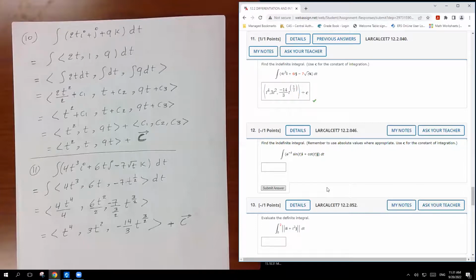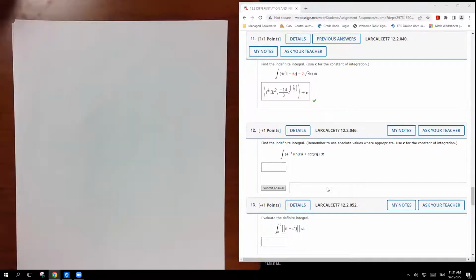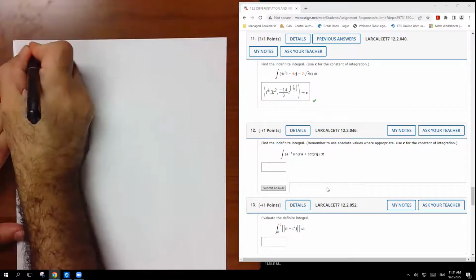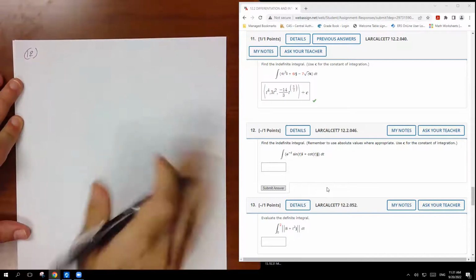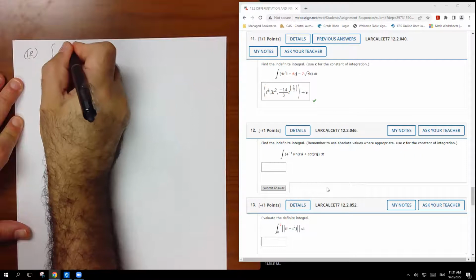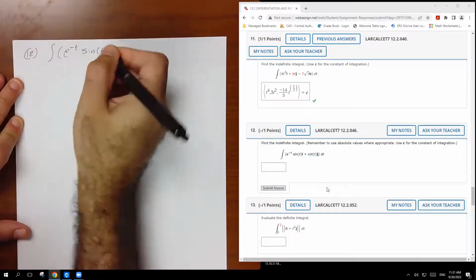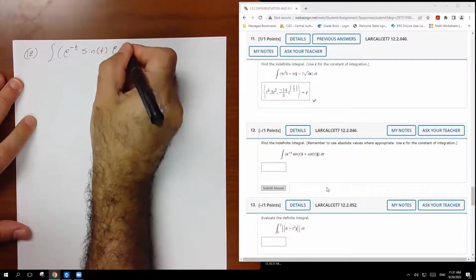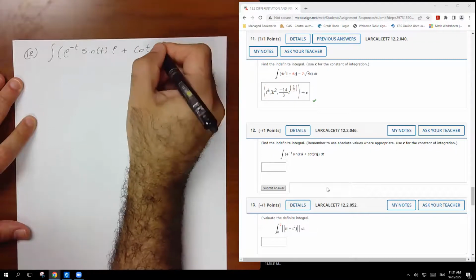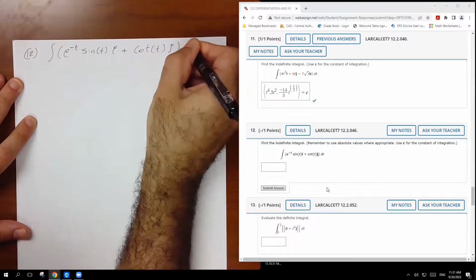So example 12, so you can remember, it's the integral of e to the negative t sine t for the i plus cotangent t for the j, and everything dt.